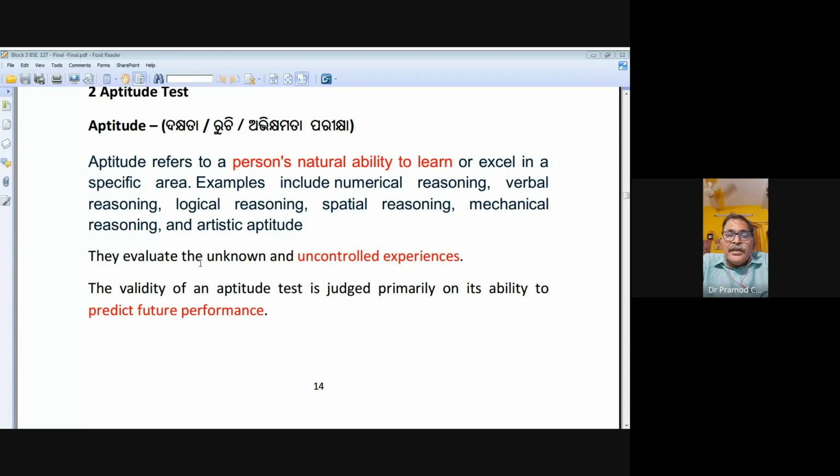That girl is singing well, and if she gets the scope, then automatically her efficiency will be recognized not only in the district but also in the state. So primarily teachers must predict the future performance of the students.